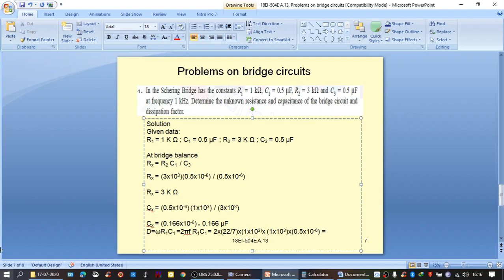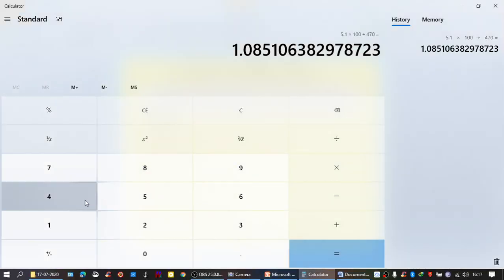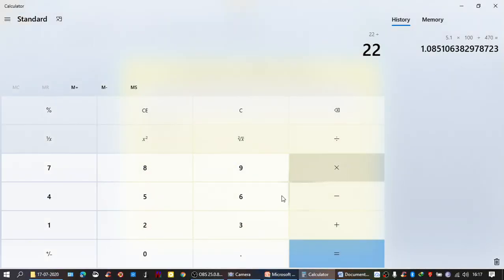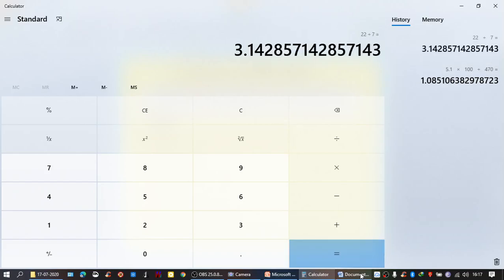That is equal to, now here 2 into 22 by 7 and 0.5. 0.5 into 1, 0.5, 0.5 into 2, 1. So 22 by 7 into 1, that is 22 by 7, 3.14.